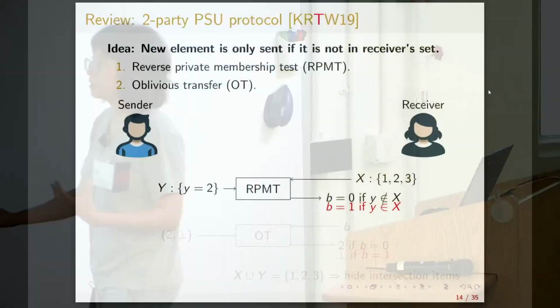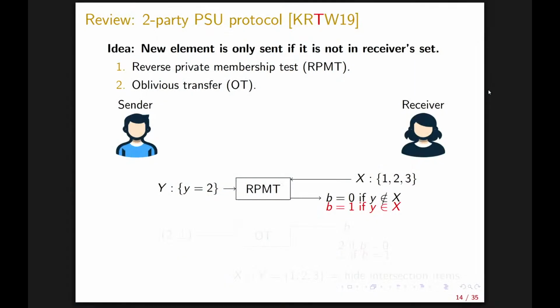And how they can do it, they have reverse PMT, where this guy has the set X, and another sender has only one item. And you want to give the bit indicating whether Y belongs to X or not, right? In that case, you have number 2, then you get the bit B equal to 1 because Y belongs to X.